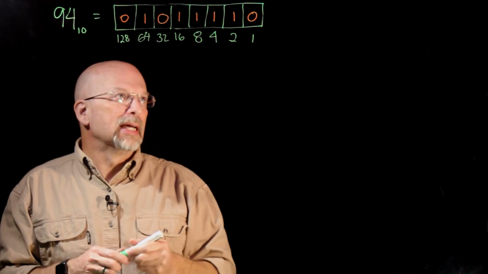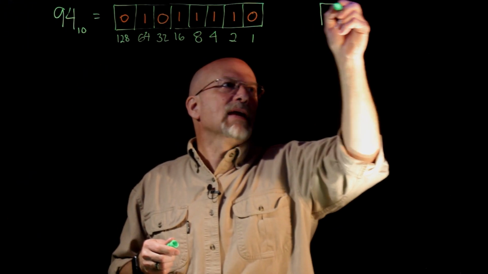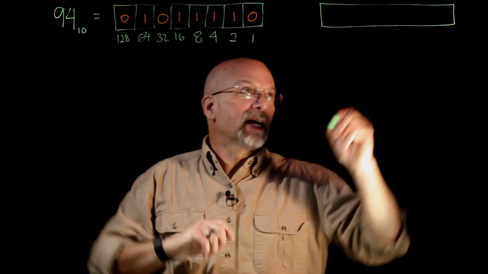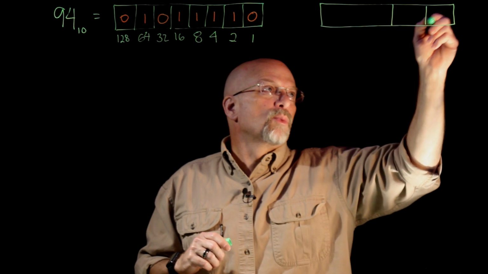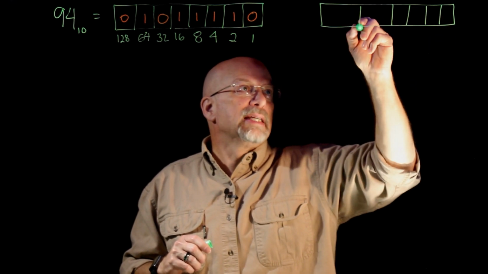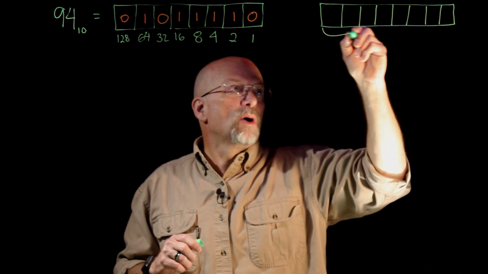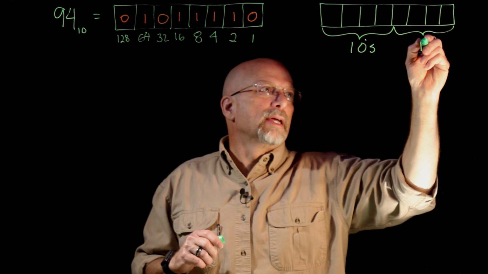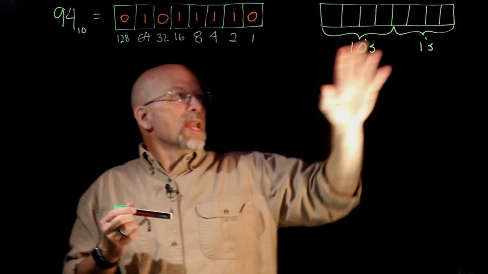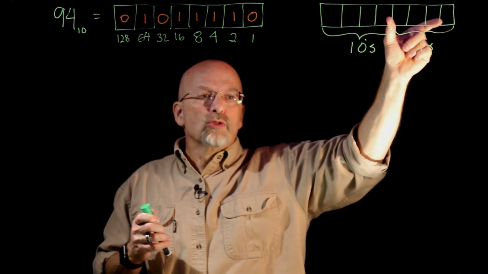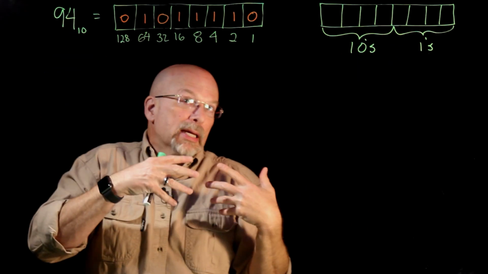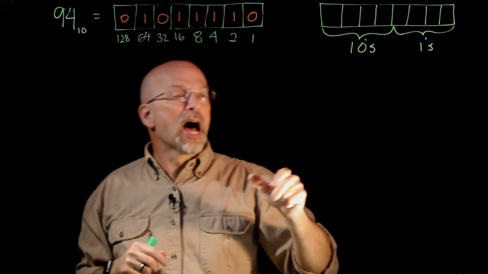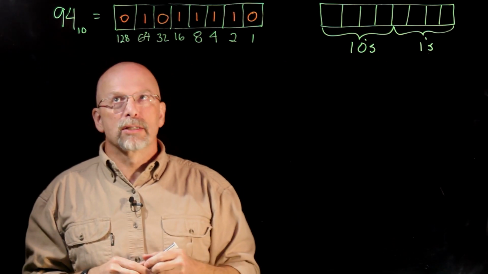So the idea is that instead of using 8 bits in unsigned binary to represent this 94, instead we will break this into a tens place and a ones place. So there's the tens place, and then there's the ones place, all right? And so now these 4 bits are meant to represent the number 4. They're simply containing the value that is in the ones place. These 4 bits are going to contain the number 9 in order to represent what's in the tens place.